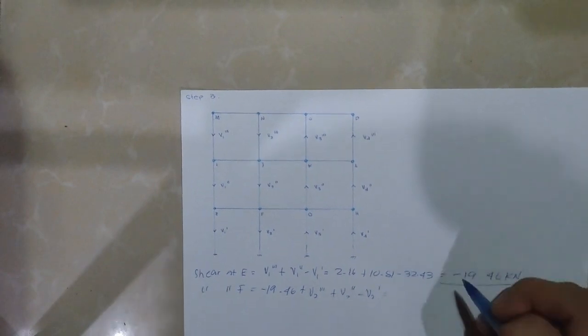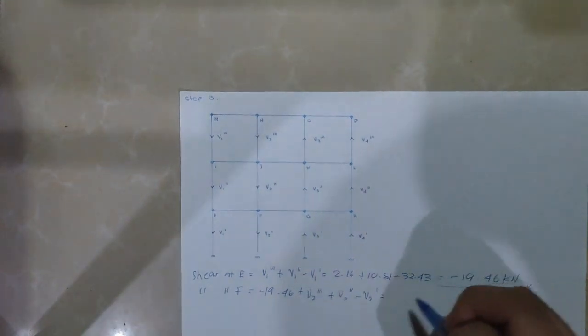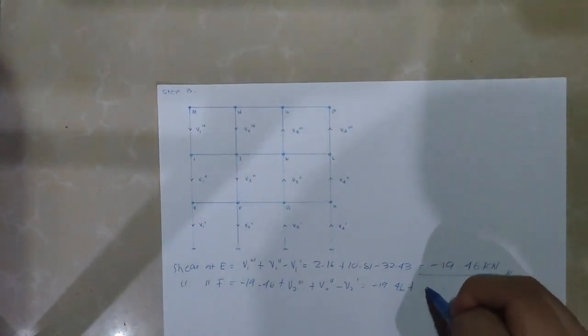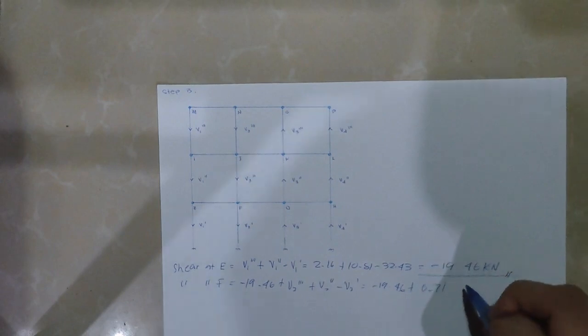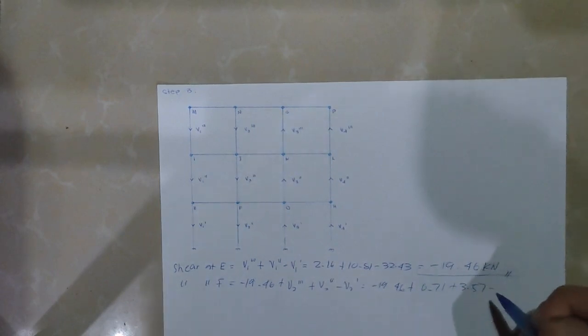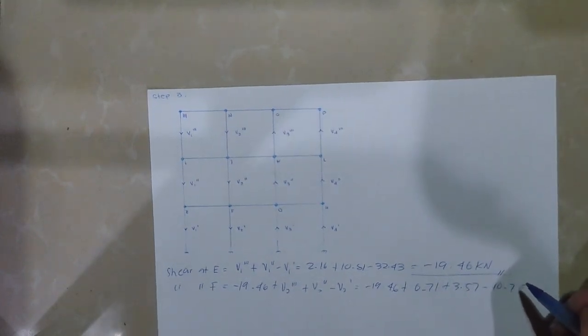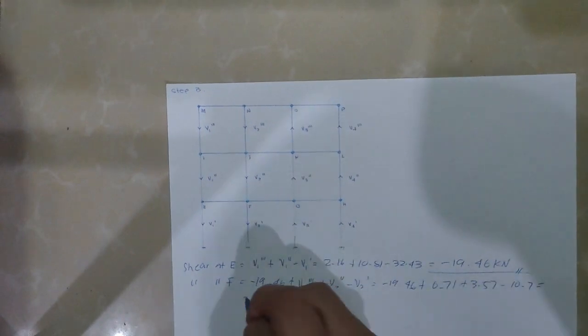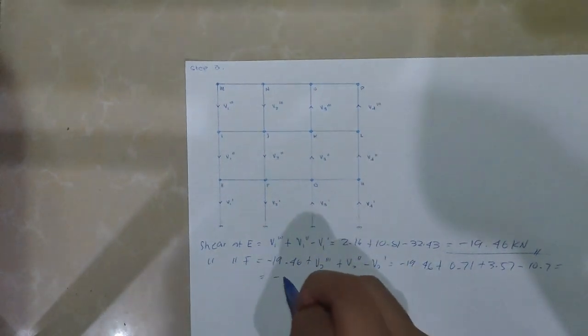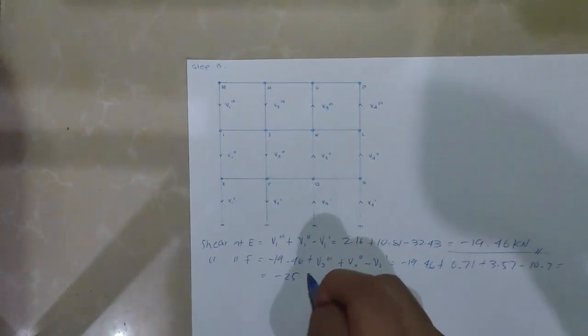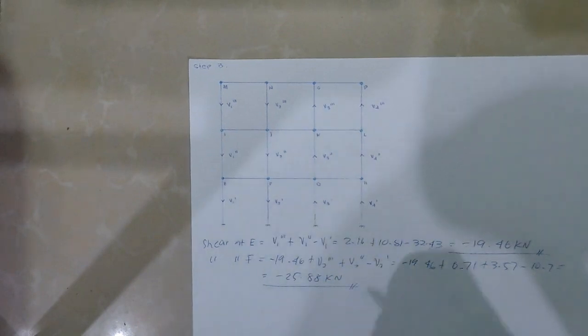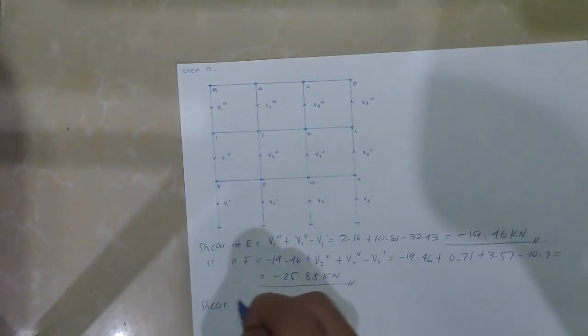So negative 19.46 plus 0.71 plus 3.57 minus 10.7, which we input into the calculator, equals negative 25.88 kilonewton.